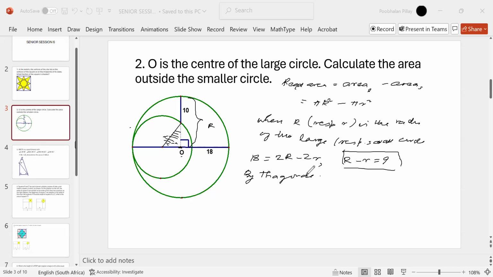But Pythagoras, you have that squared plus that squared is r squared. Okay, now what is this? Let's call this AB.